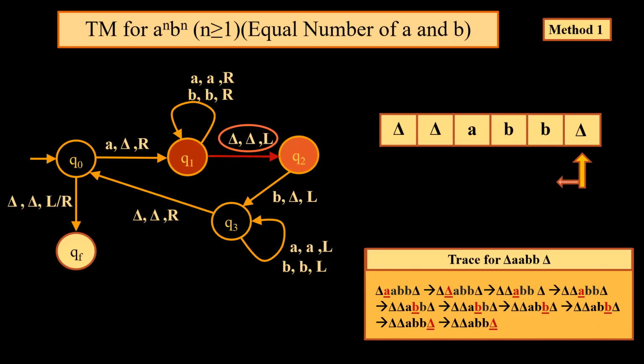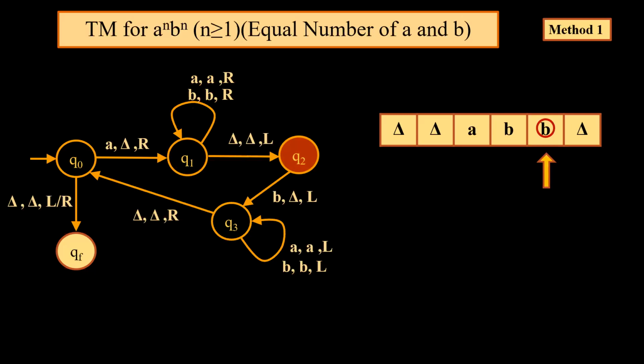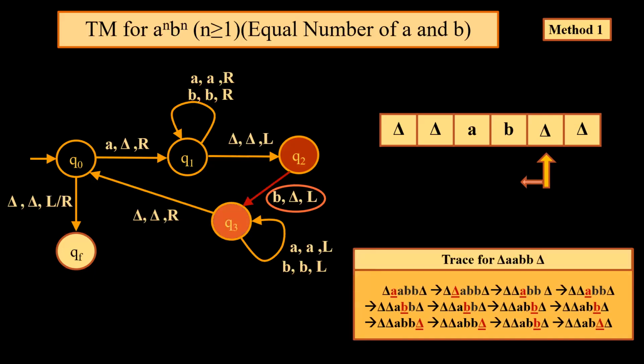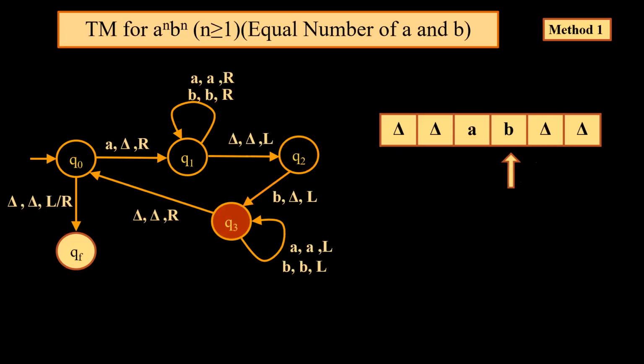Now we have already crossed off 1A. We will shift this B to delta. Now the scenario at present is that we have converted the first A on the tape to delta and the last B on the tape to delta. Now we are left with 1A and 1B. We will again start scanning from the left side of the tape.